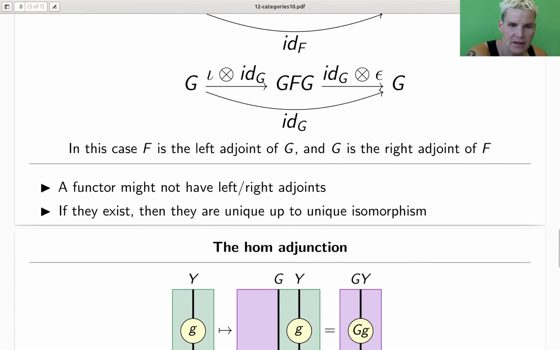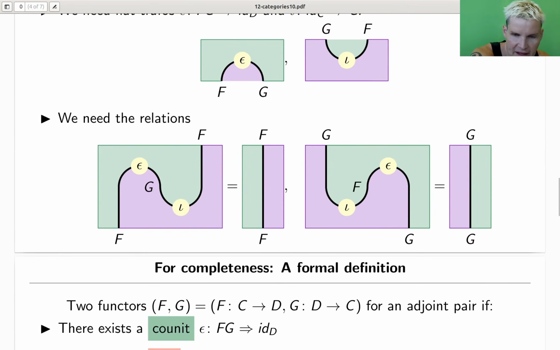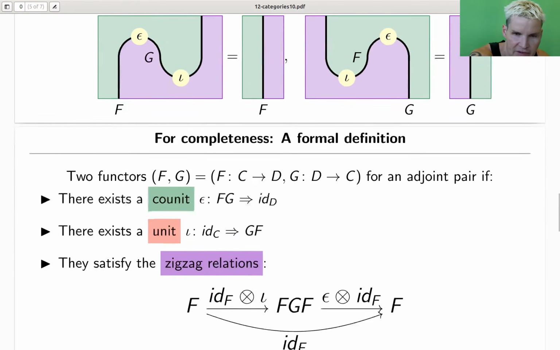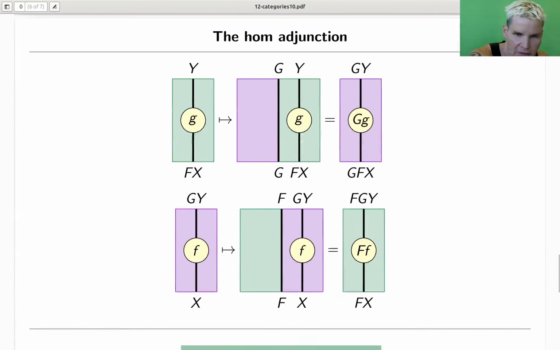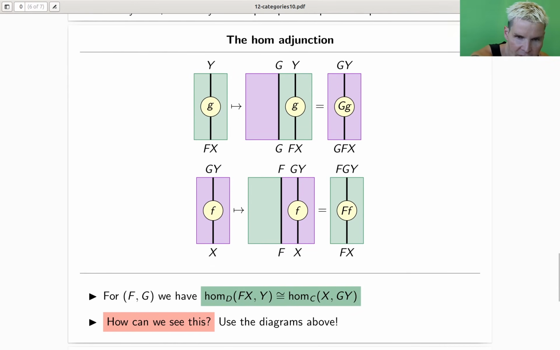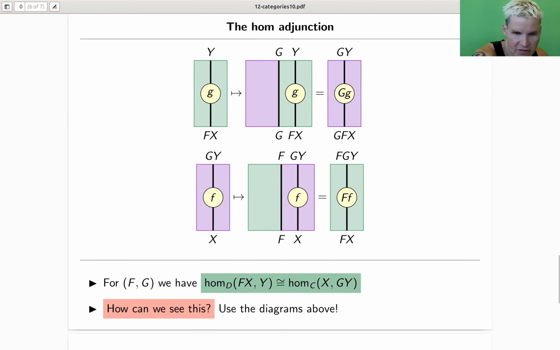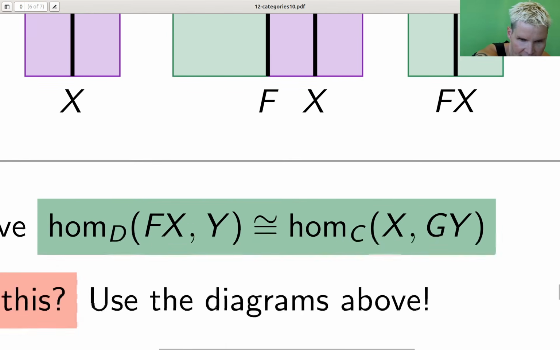Yeah, and they might exist or they might not exist. But if they exist, they are as unique as it gets, and you can literally use the zigzag relation to do whatever you want with them. So, for example, the hom adjunction, which is literally just saying that thing here.